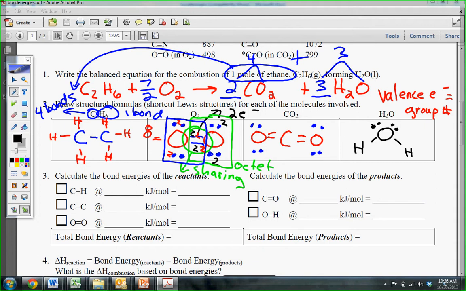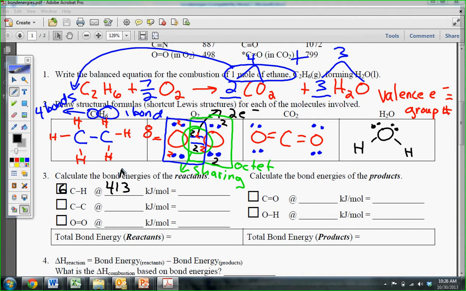Okay, so how many CH bonds do I have? How many? 6. So go back up to the top and tell me what CH is going to be. What is it? 413.